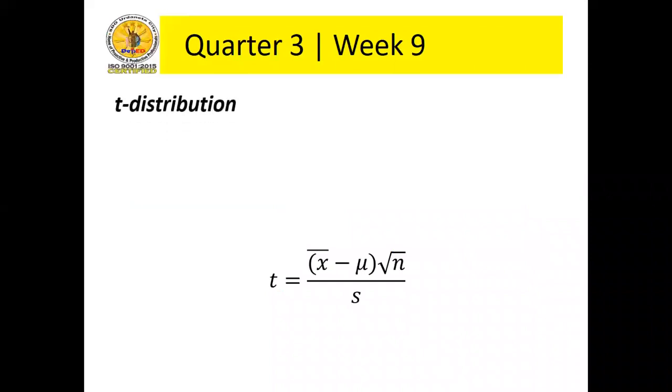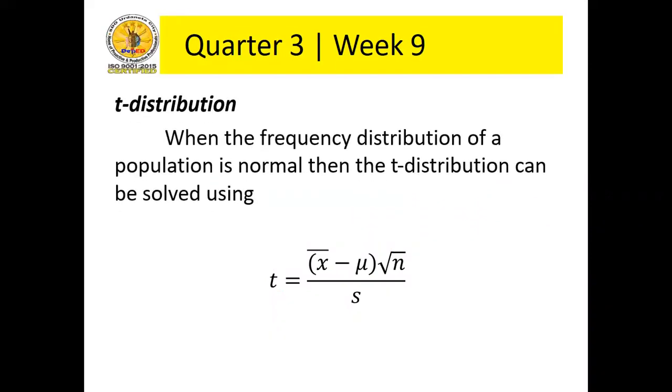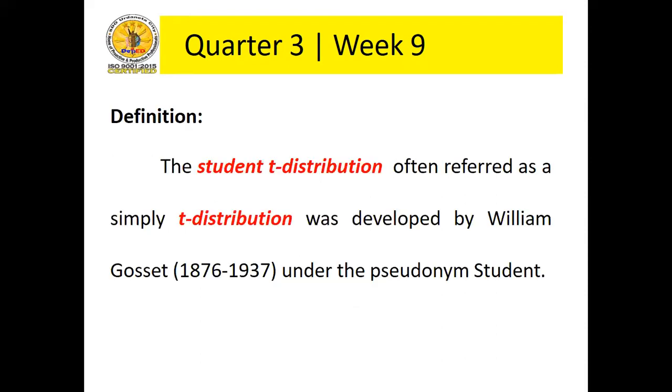For the t-distribution, when the frequency distribution of a population is normal, then the t-distribution can be solved using t equals the sample mean minus the population mean multiplied by the square root of your sample size divided by the standard deviation.